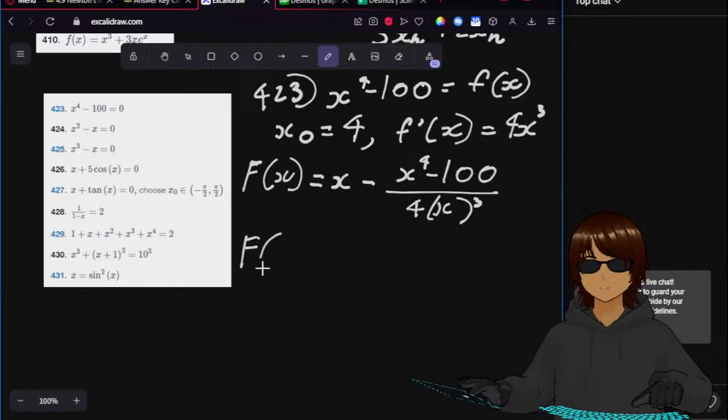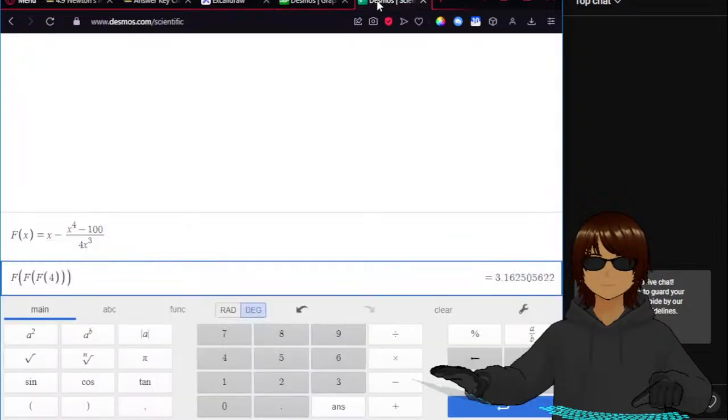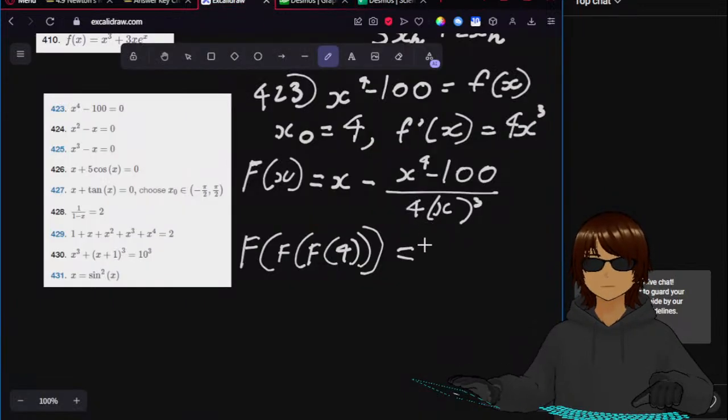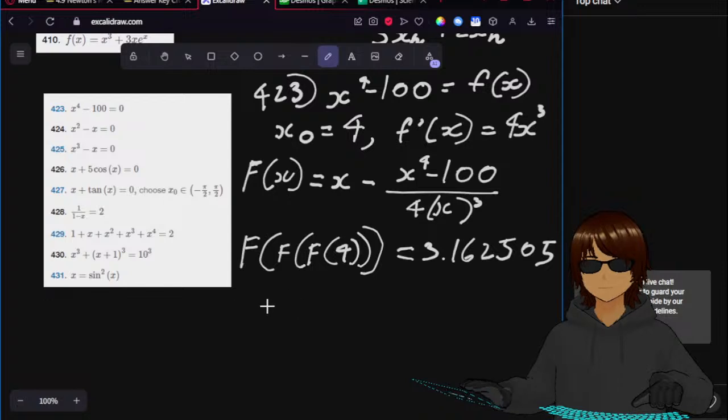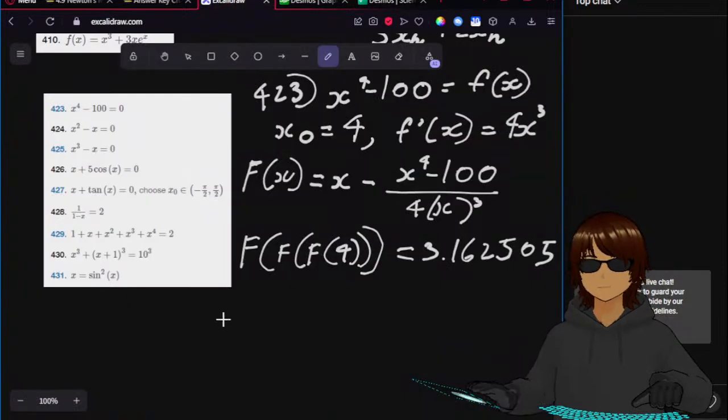F, F, F is equal to 3.1625, 3.1625, and then 0.5. How many times? 3 times.